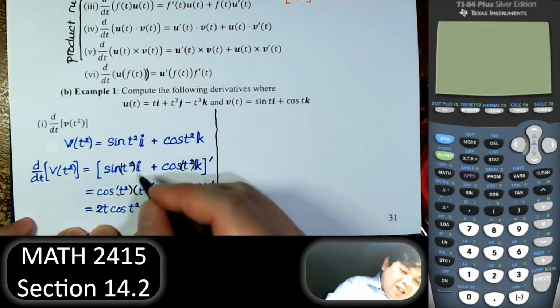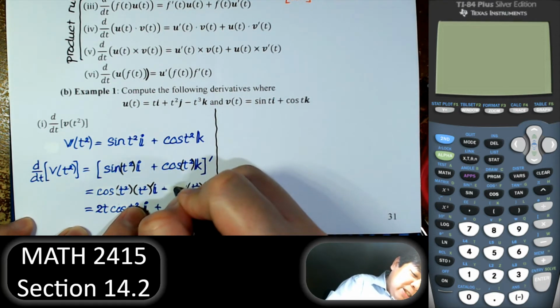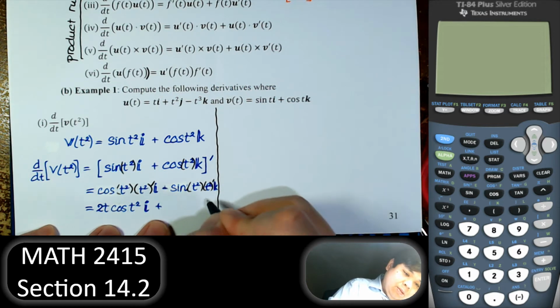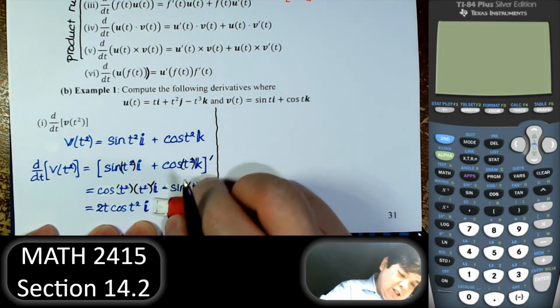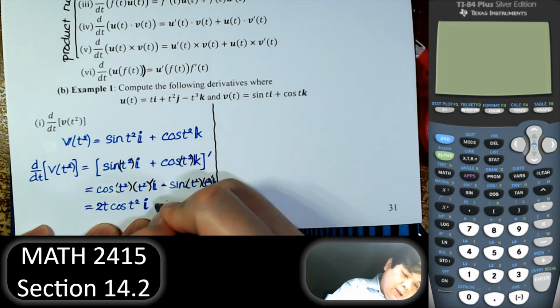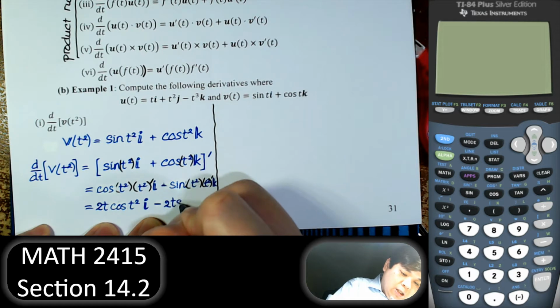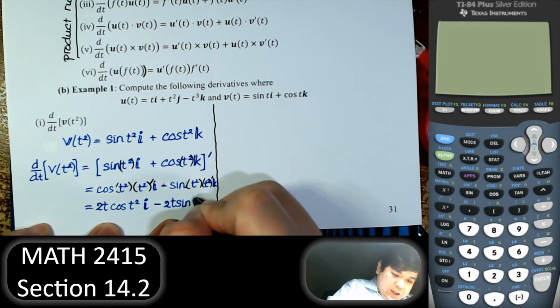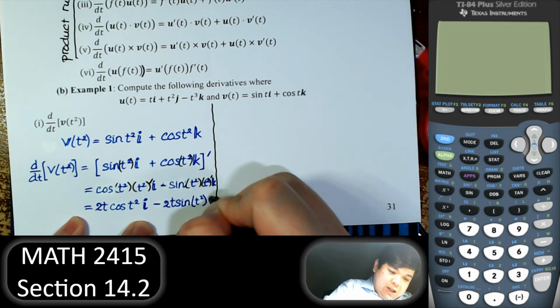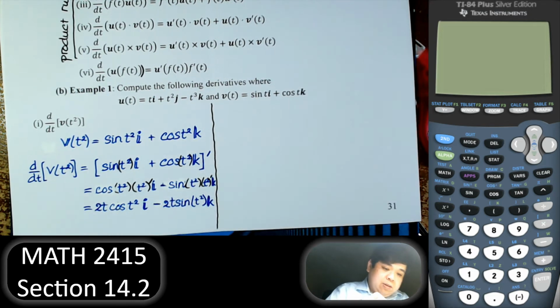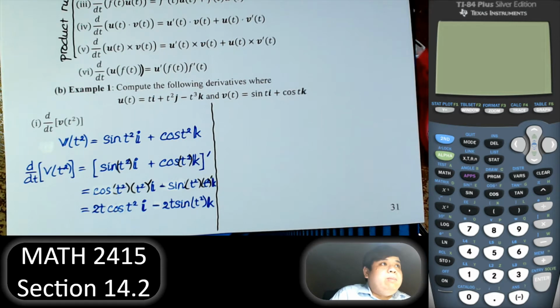Sorry about that. And then the t squared derivative is 2t. So minus 2t sine of t squared k. Right, so we can do that.